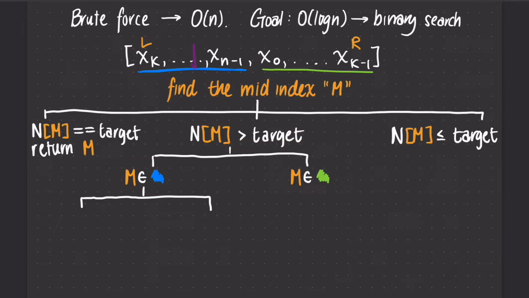For argument's sake, let's say m is somewhere here. Since we know this value right here at m is larger than our target, there's 2 places that our target could lie.